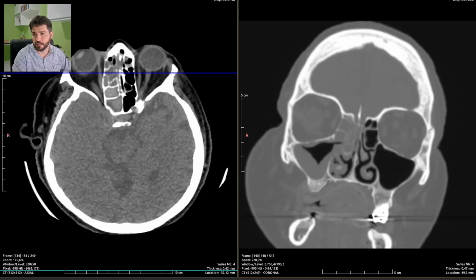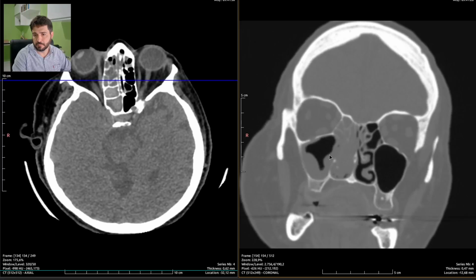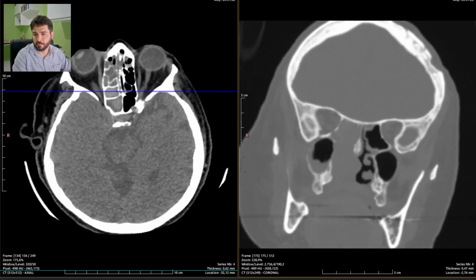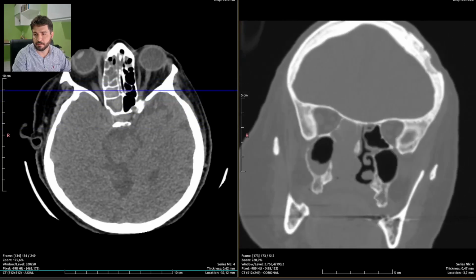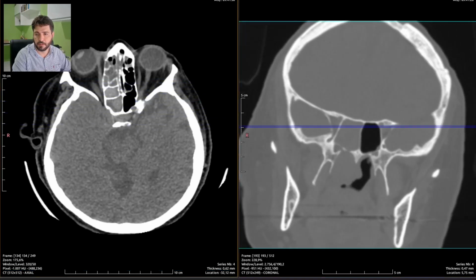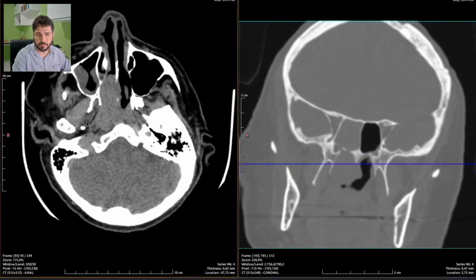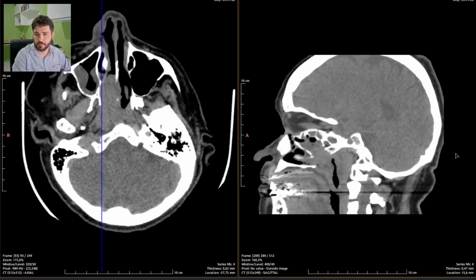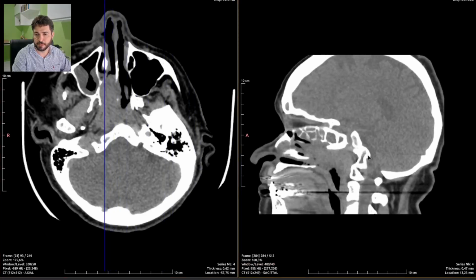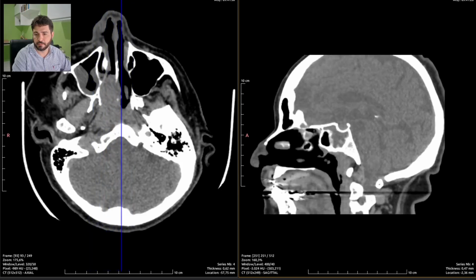Nasal turbinates are partially eroded by the lesion as well, and it also reaches the back of the nose, probably infiltrating the tonsil, the pharyngeal tonsil.